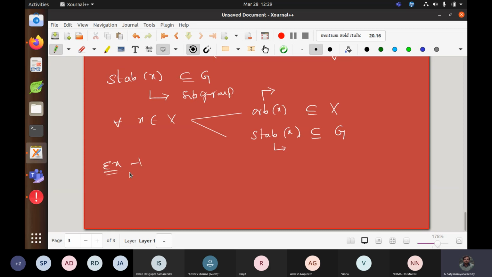Example 1: take G generated by the transposition (1 3) and the cycle (2 4 6), that is, 2 goes to 4, 4 goes to 6, and 6 goes to 2, and (1 3)(2 4 6).